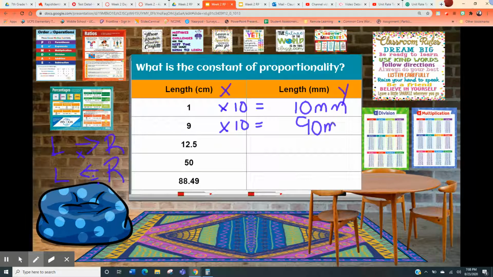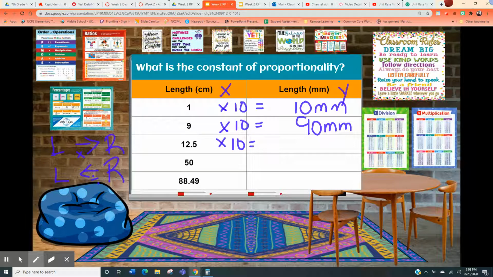Remember, if you don't know that by heart, you can multiply using whichever method you feel most comfortable with. You can use your calculator, you can use the long method, you can use the box method, or any other method that you like. So now we're going to continue our way down. 12.5 times 10.